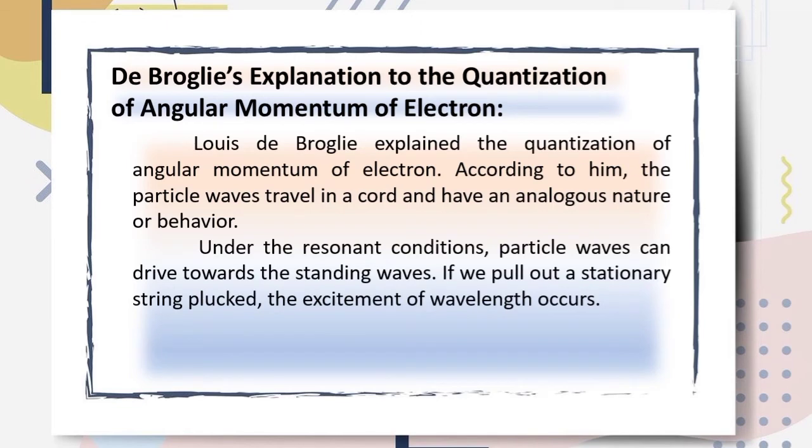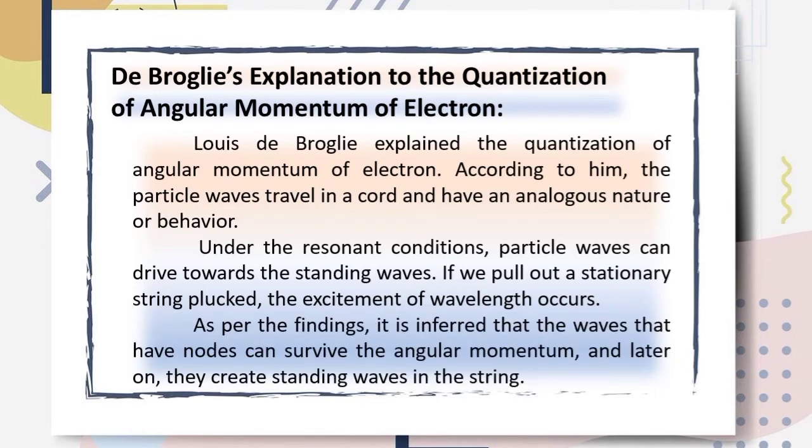Under resonant conditions, particle waves can drive towards standing waves. If we pull out a stationary string and pluck it, the excitement of wavelengths occurs. As for the findings, it is inferred that the waves that have nodes can survive the angular momentum, and later on, they create standing waves in the string.